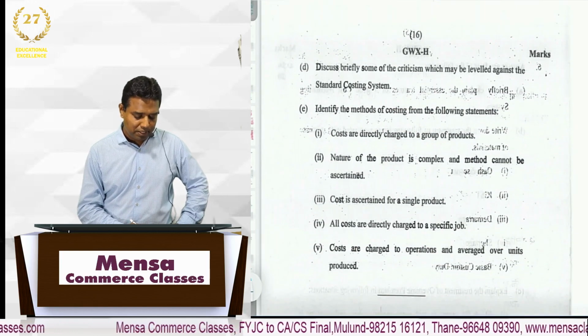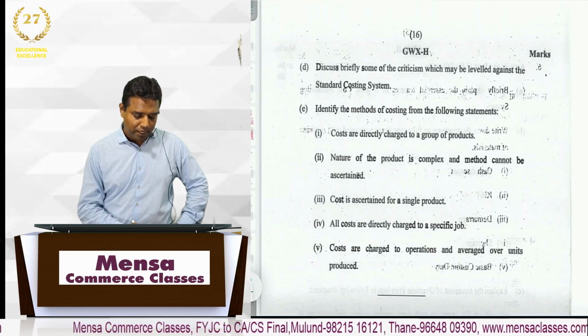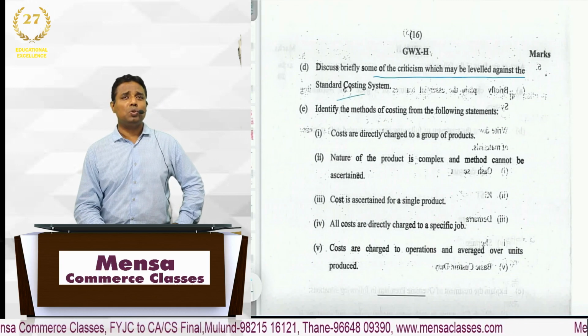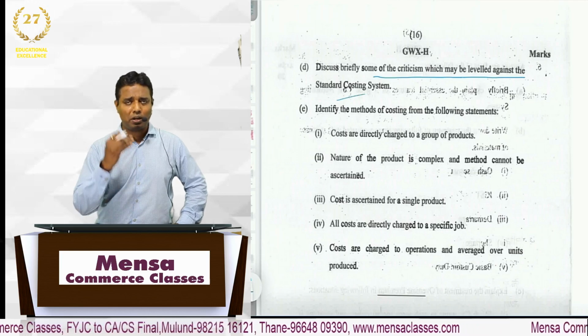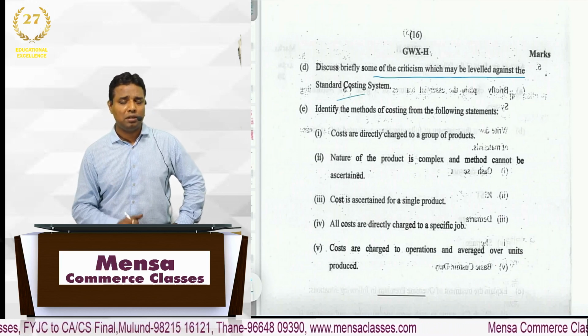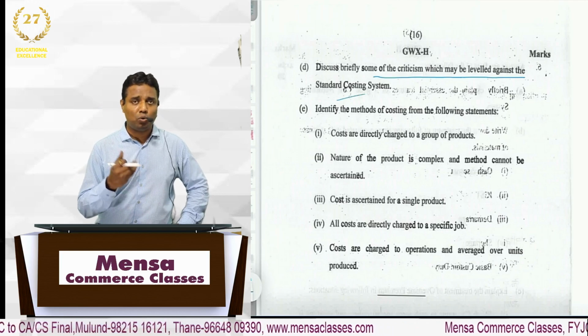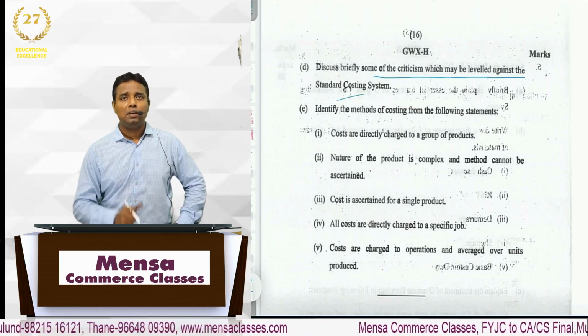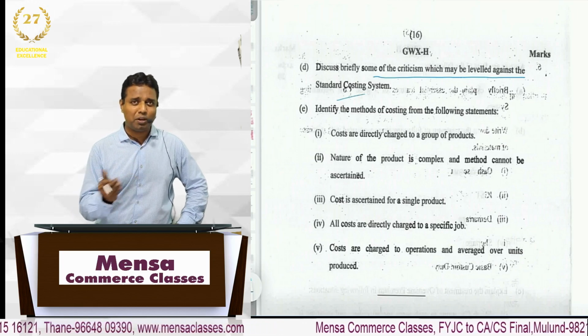Discuss briefly some criticism which may be leveled against the standard costing system. So this is again part of our theoretical area. Standard costing: what are the criticisms, that is, what are the lacunas, what are the shortfalls, that has to be discussed here. You can pick that from the module directly.